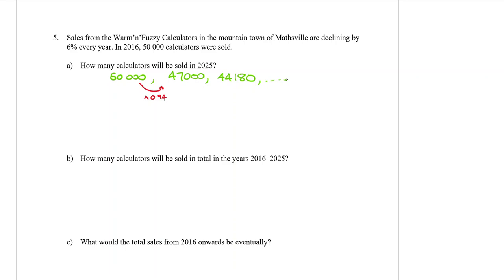So there are my sales of calculators that are declining by 6% every year. So how many calculators are going to be sold in 2025? All right, I know A. I know R. R is 0.94 that I was multiplying by. What is N?